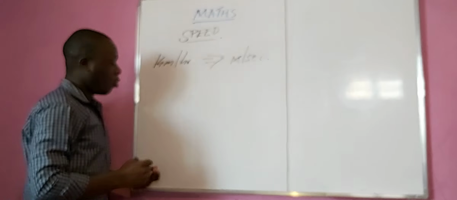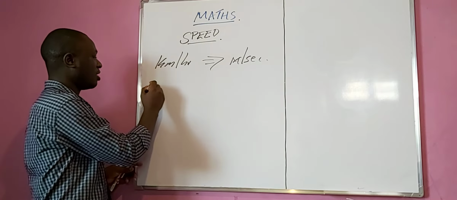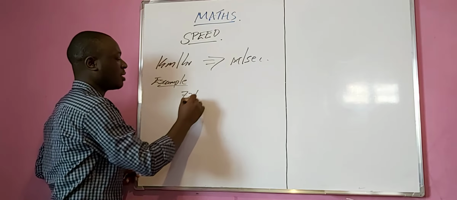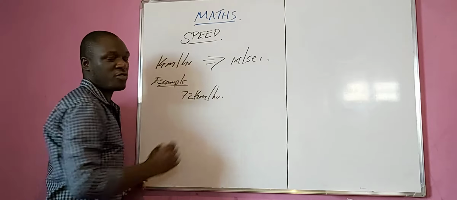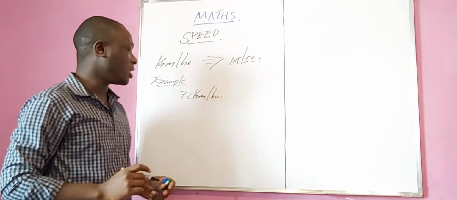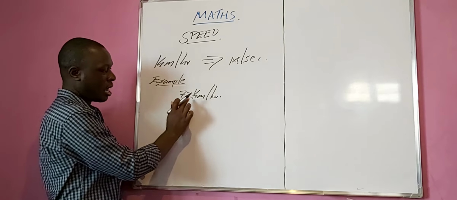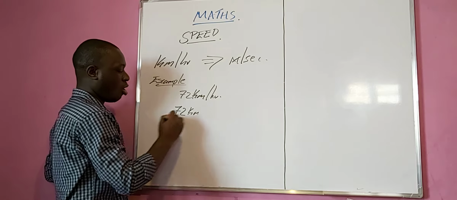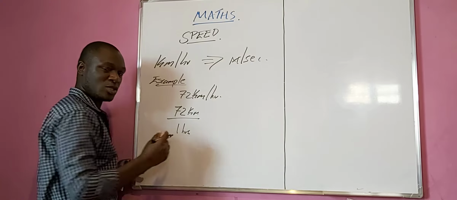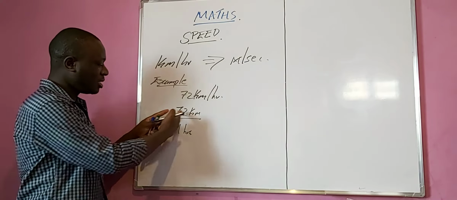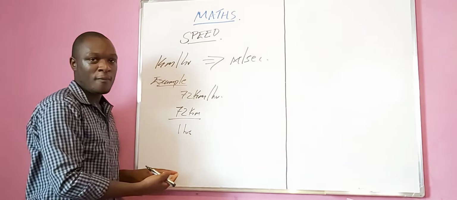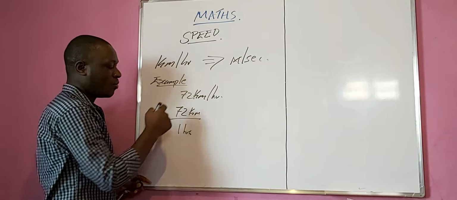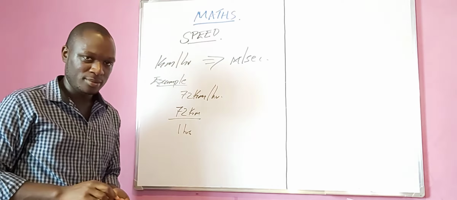Now, for example, I would like us to use 72 kilometers per hour. Convert 72 kilometers per hour into meters per second. Now, 72 kilometers per hour means 72 kilometers over 1 hour. That's what it means in other words. Then we can convert each figure on its own. Kilometers: how many meters make 1 kilometer?